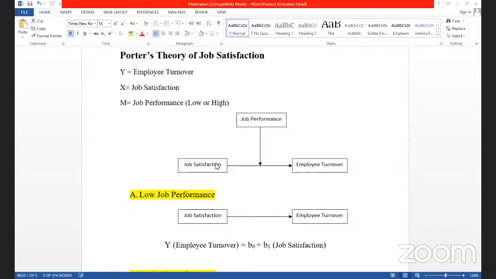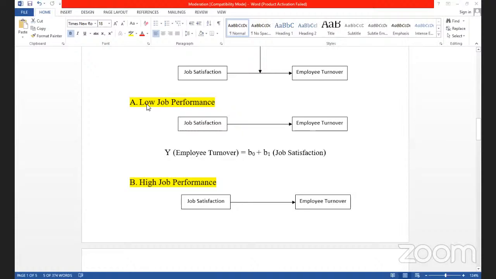Now in this case study, there are two things. One is low job performance and another is high job performance. So for employee turnover, we will find the relationship. One is for low job performers.